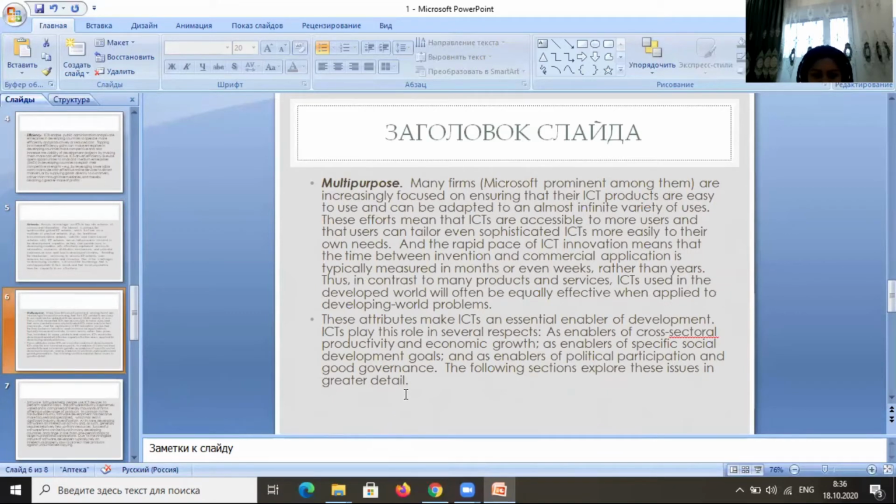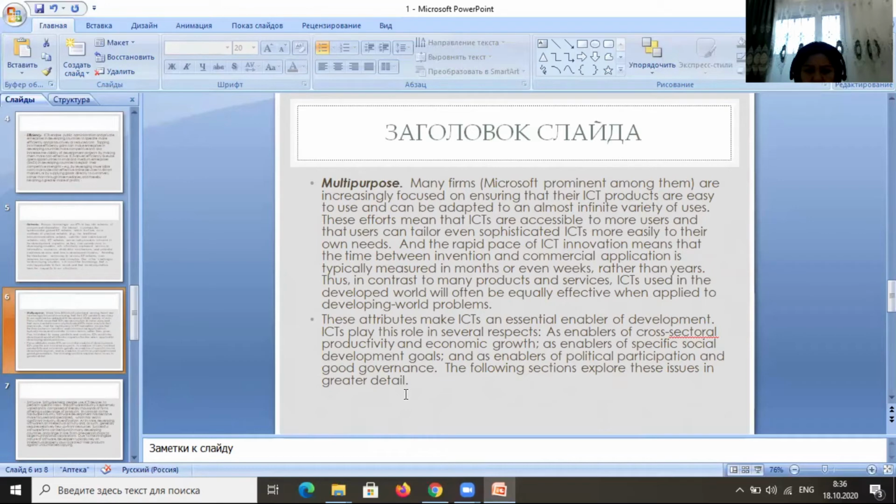Multi-purpose. Many firms, Microsoft prominent among them, are increasingly focused on ensuring that ICT products are easy to use and can be adapted to an almost infinite variety of uses.